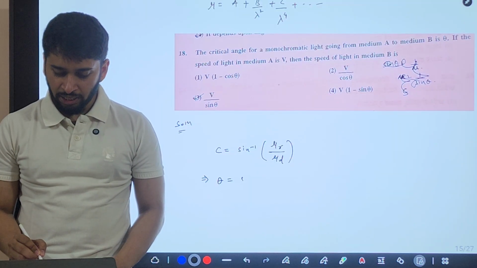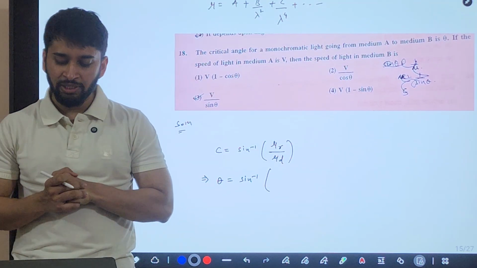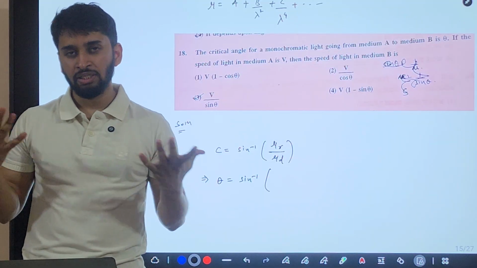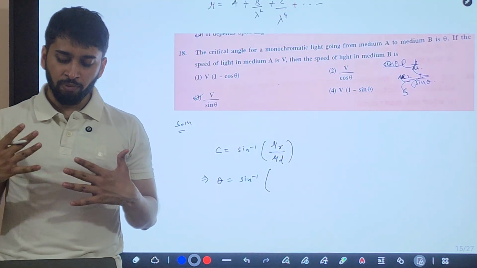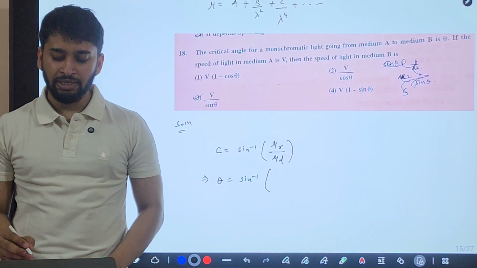Light has to go from denser medium to rarer medium for total internal reflection to take place, so that the critical angle is defined. Going from medium A to B means medium A is the denser medium, medium B is the rarer medium.